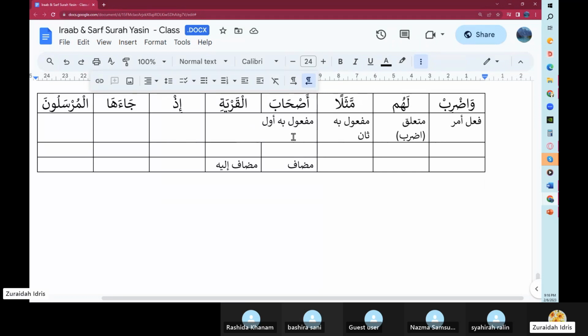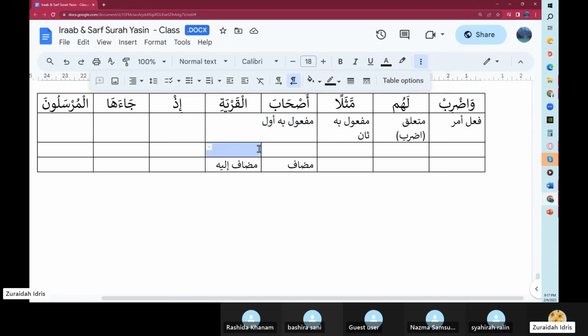So this is also why sometimes when you see a maf'ul that is in the form of a fragment, usually that maf'ul is taken to be the second one. Because this is more generic, because we're talking about an example, so it's nothing really specific, we take this as the second maf'ul, and this one the first one.